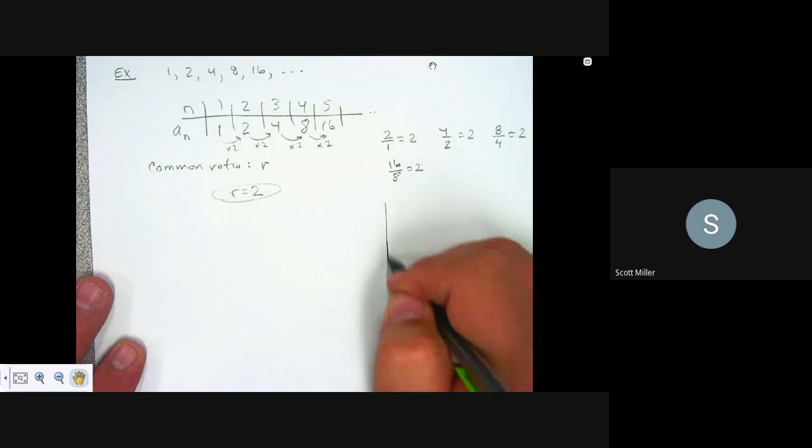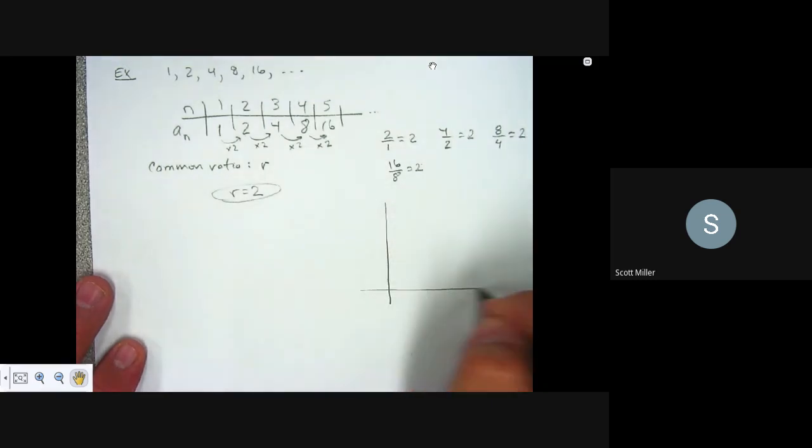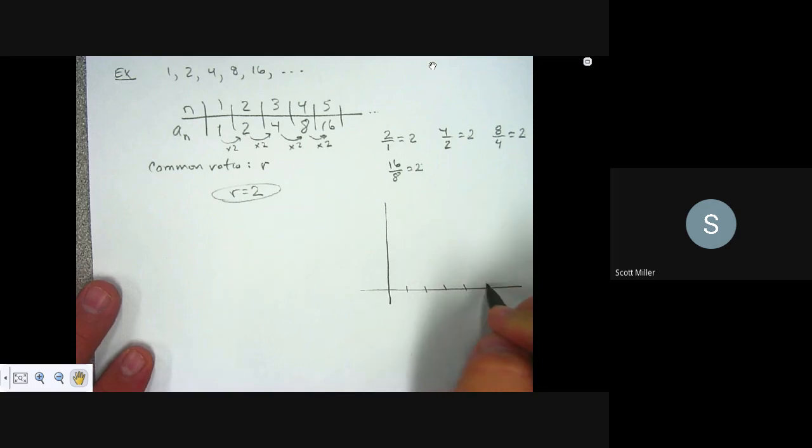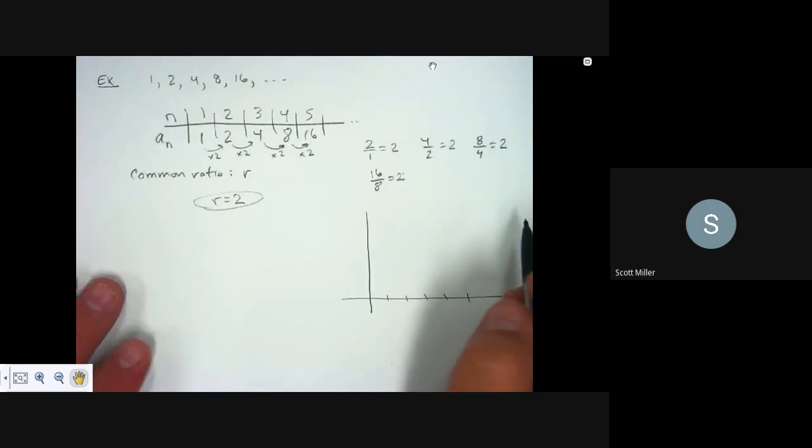And remember, from arithmetic, you're only going to graph dots. You're not going to connect the dots in any way.